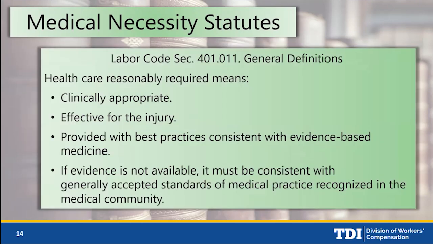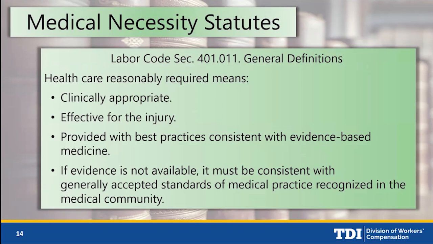And first, we need to talk about what reasonably required means. Labor Code 401.011 says, one, it needs to be clinically appropriate for the illness or injury that they sustained. So the services have to be effective, and you need to demonstrate that what you're providing is effective for the injury and consistent with best practices and evidence-based medicine.